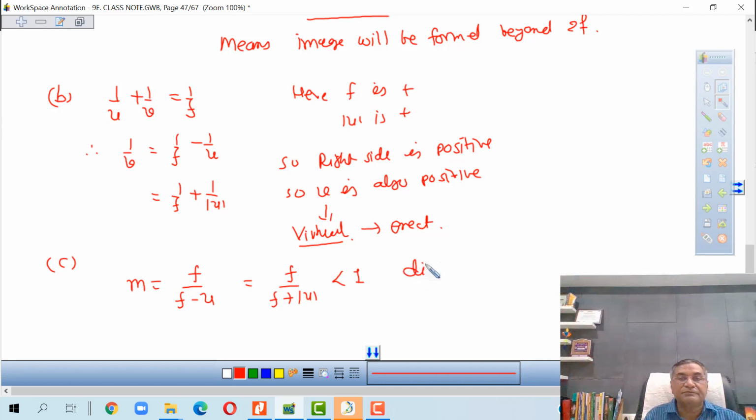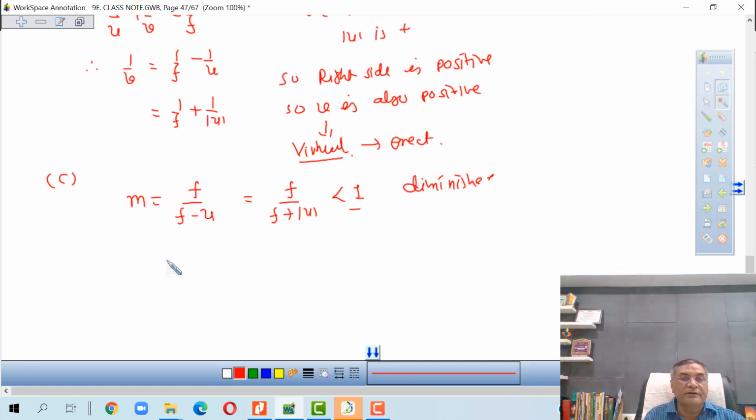So this shows that it is diminished. Because less than 1 છે. આપણે એવું પ્રૂવ કરવાનું છે between pole and focal point.